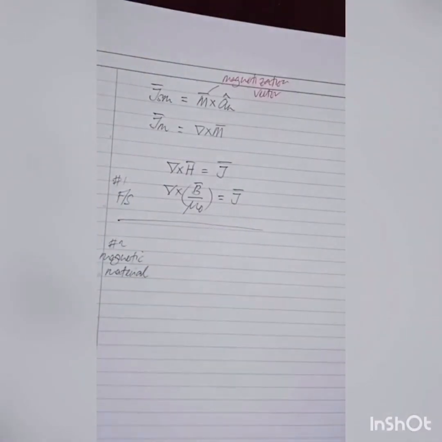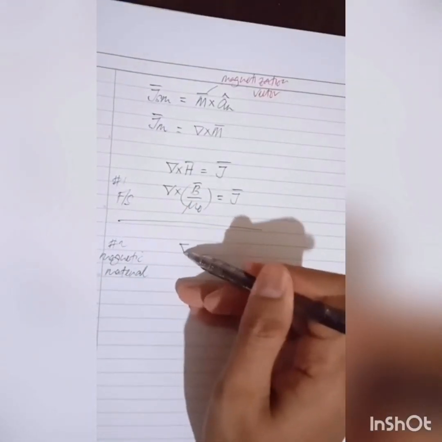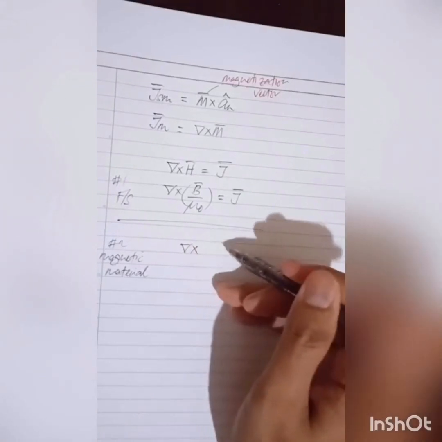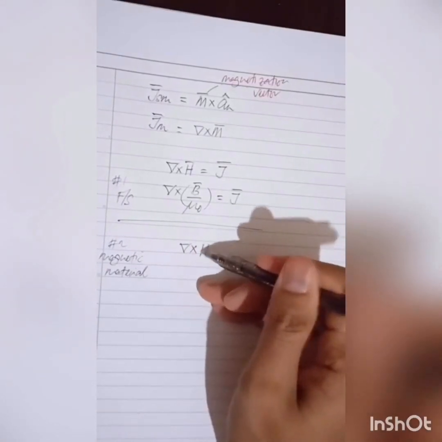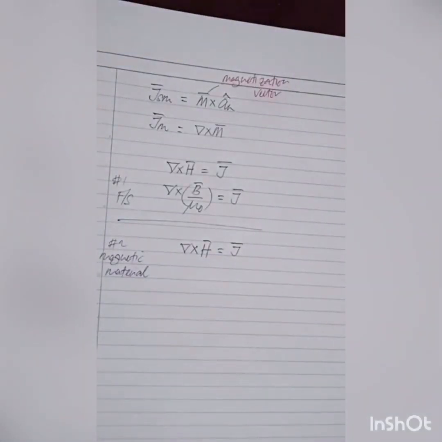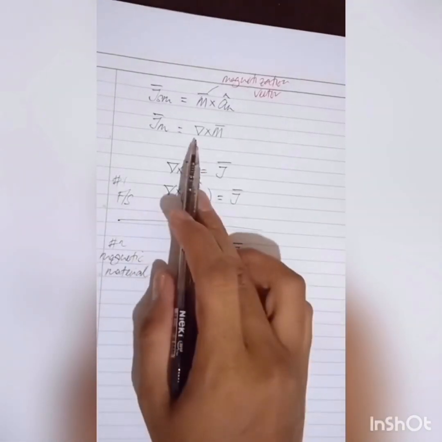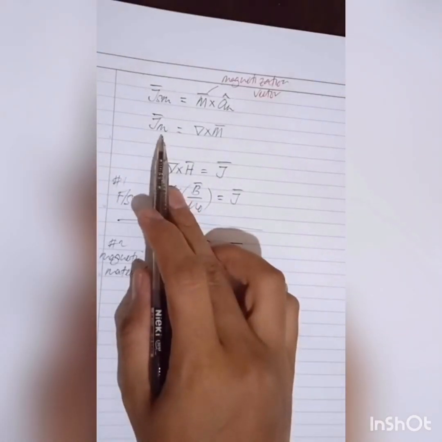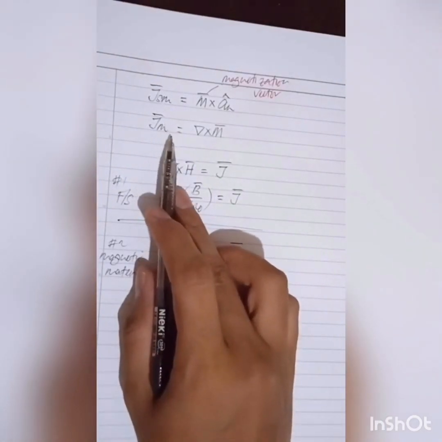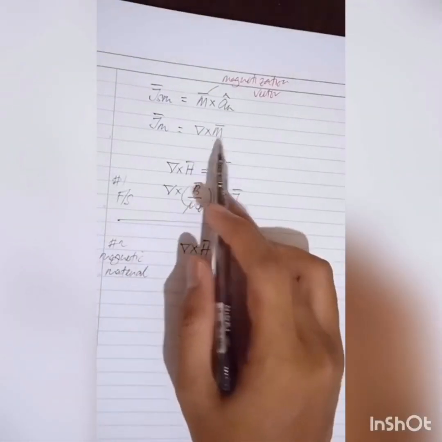Again, using the same third Maxwell equation in point form as shown here, the curl of H equals J. But guys, for this case, we have an additional current, which we discussed earlier: the volume current that exists within the magnetic material when it is being exposed to the H field.